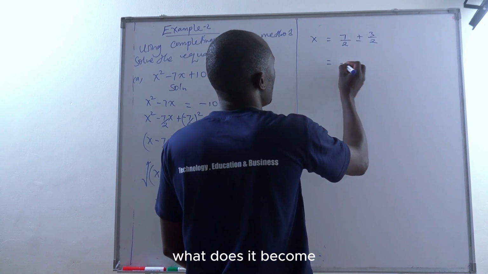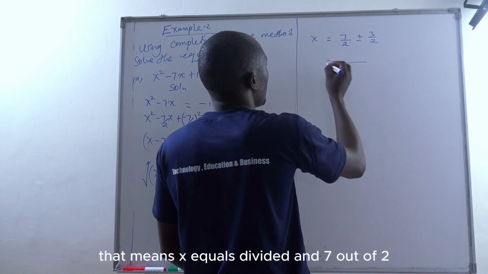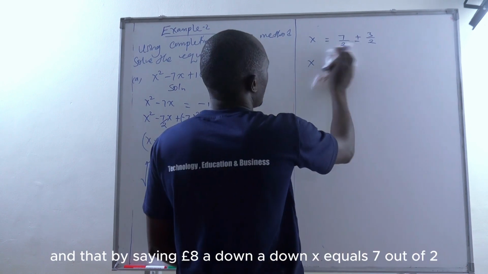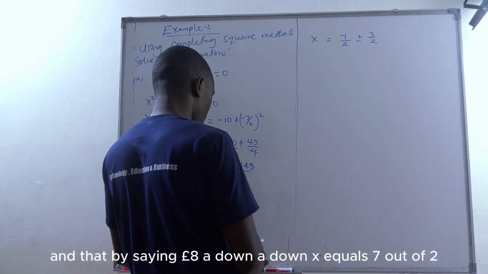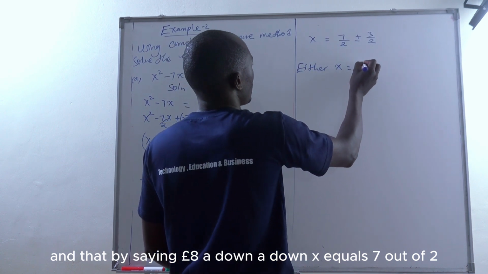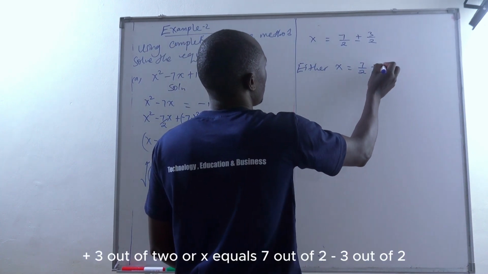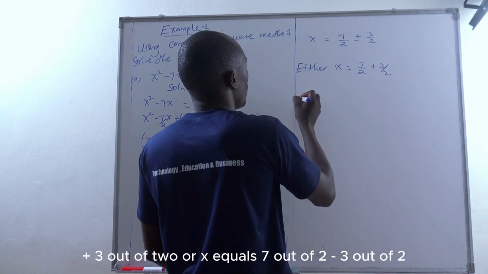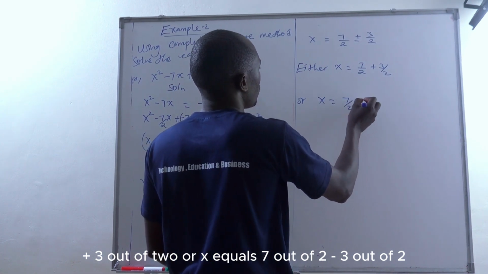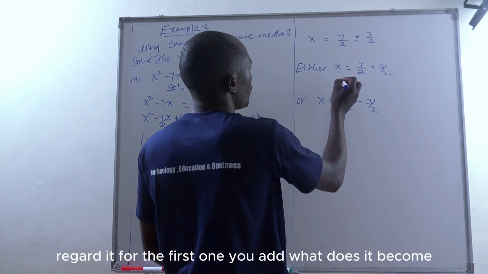The LCM is already there. That means you can start by saying either x equals 7 out of 2 plus 3 out of 2, or x equals 7 out of 2 minus 3 out of 2.